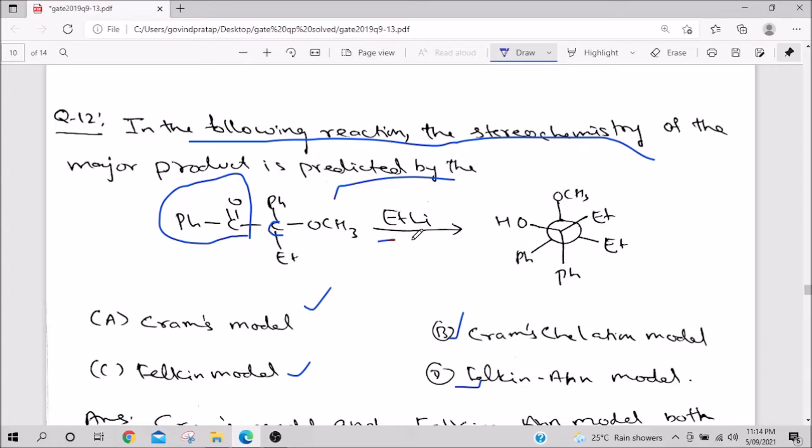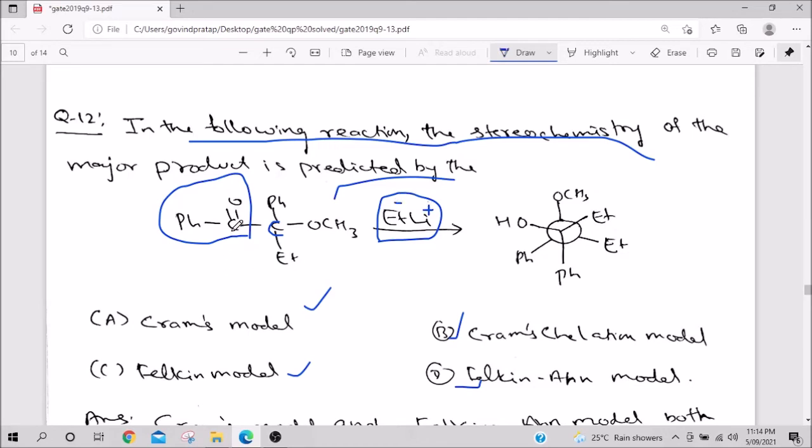Now, when you attack with a nucleophile, you will always get some amount of stereoselectivity. Et will attack from one side more favorably than the other side. You know, lithium is the metal, so lithium will have positive polarity, because metals by definition are electropositive in nature. So, they always give electron to give positive, and Et is negative.